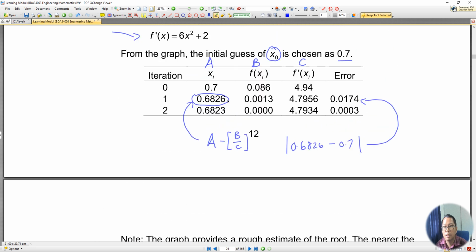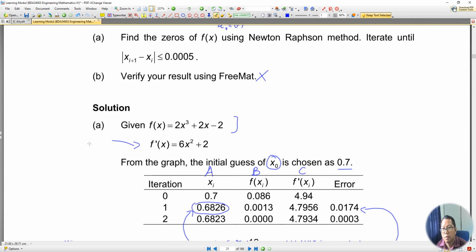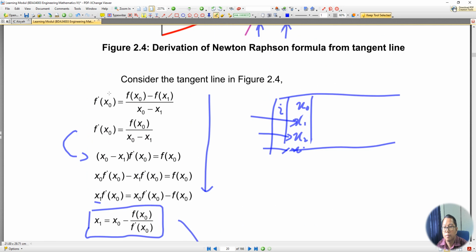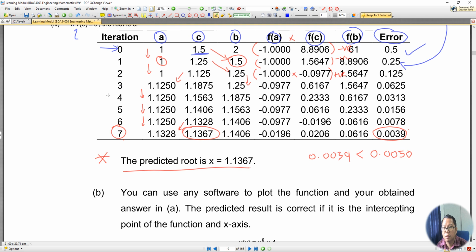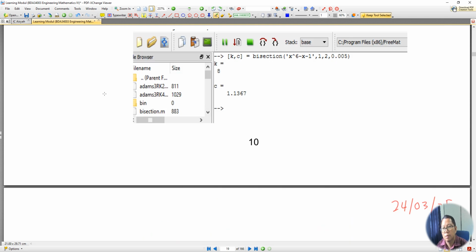Again, you have to state the predicted root.